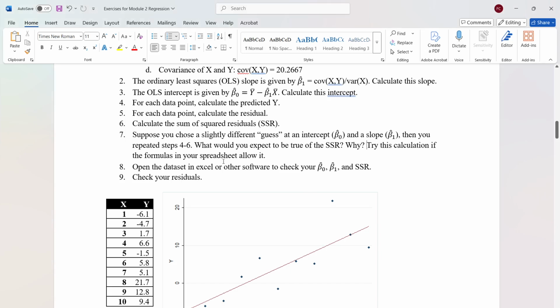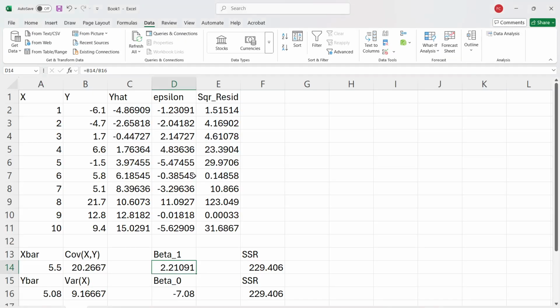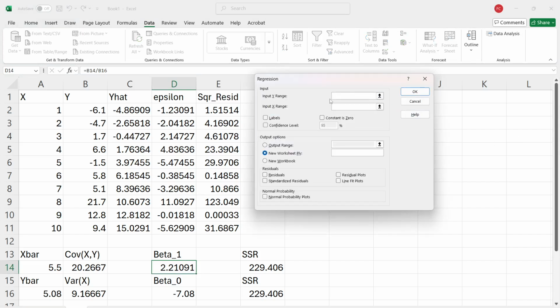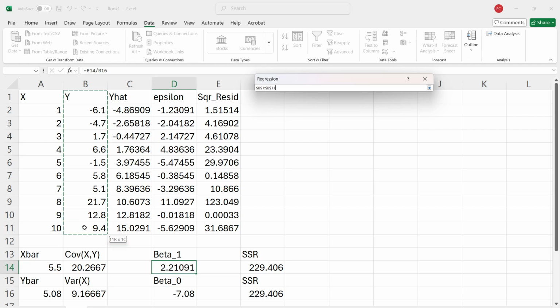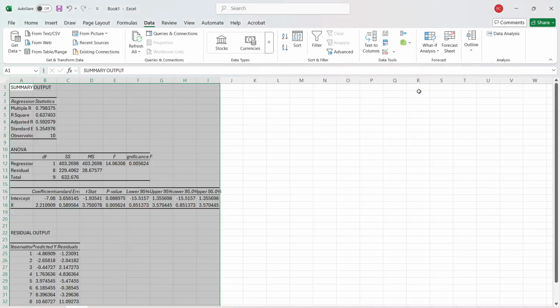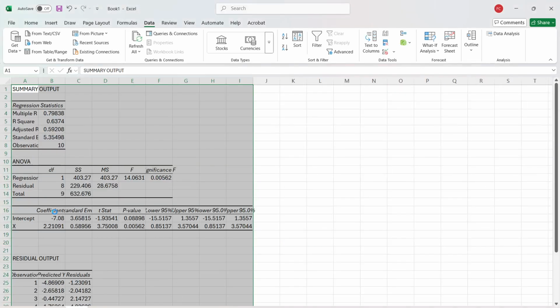Open the data set in Excel or other software to check your beta 0, beta 1 hat, and SSR. We're kind of already doing that. And then check your residuals. If you like, the last check we can do here is go ahead and grab the regression tool, input Y range, these right there, input X range, these right there. I am including labels, and I am going to ask for residuals this time. I'll go ahead and hit OK. And, oh, very nice.